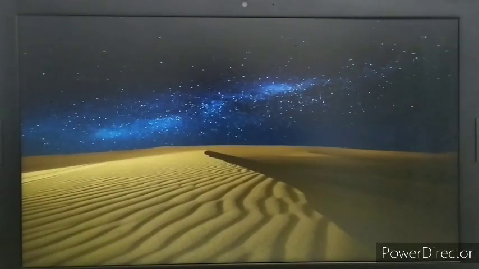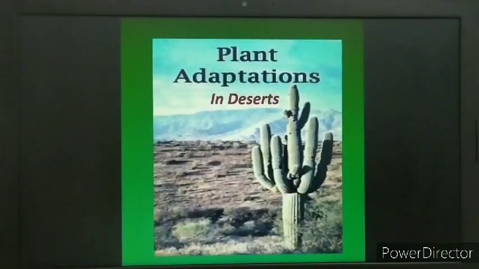So there is short rainy season followed by a long dry season in the desert areas. So we can say that there is excessive shortage of water in the desert areas. But there are many animals and plants that are well adapted to life in the desert. As you can see here, one of the examples is cactus.